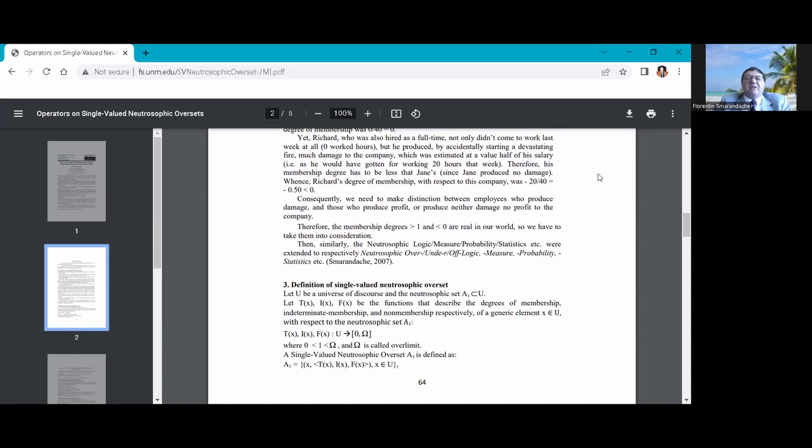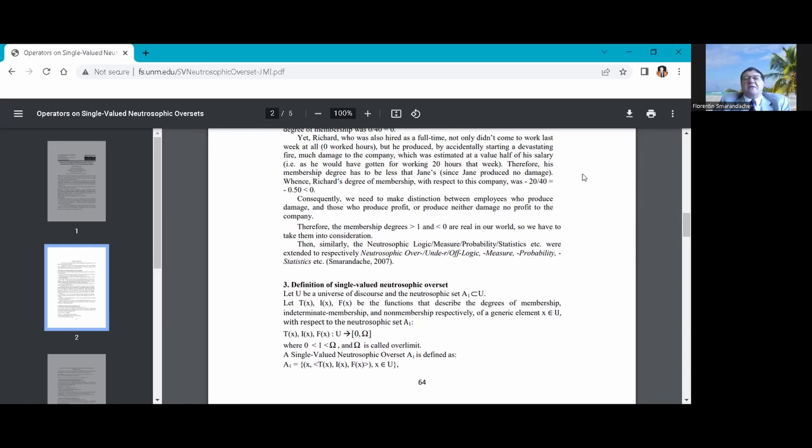But in addition to not working, he also did damage to the company. For example, he produced some fire in the company or destroyed some machinery there. And then it's considered, let's say, as negative 20. So we may have his membership degree be negative.